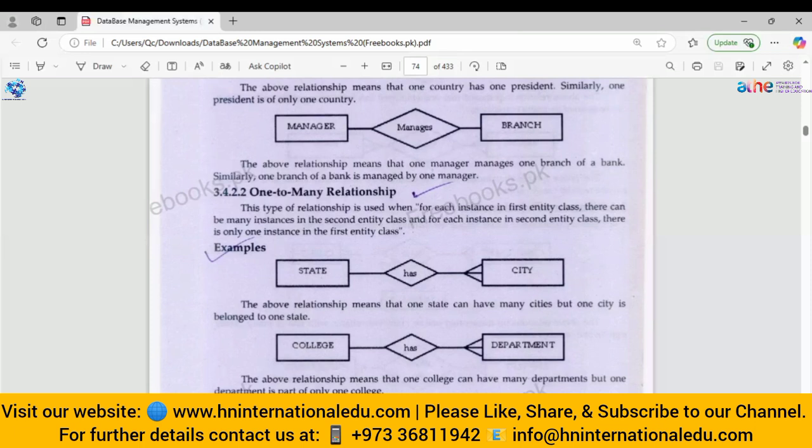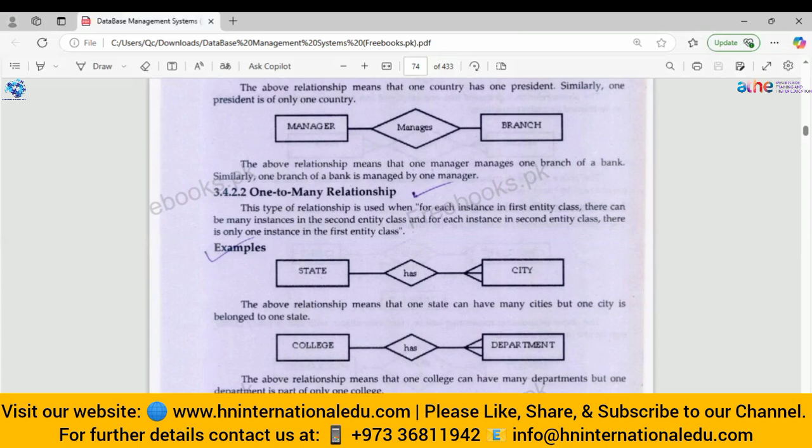Then we have another type of relationship. Let's take another example. One college can have multiple departments, but one department is contained in one college. Let's suppose in your college, or in any university or institute, we have only one IT department. We have only one English department. A college can have multiple departments like maths, English, Urdu, physics, CS, IT, multiple.